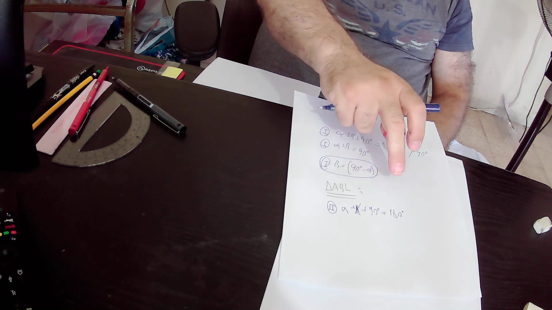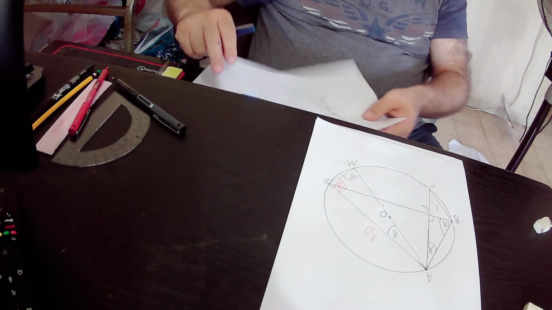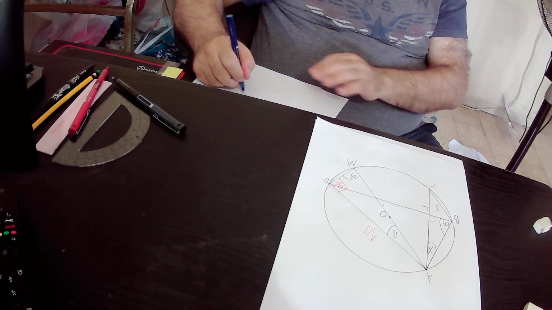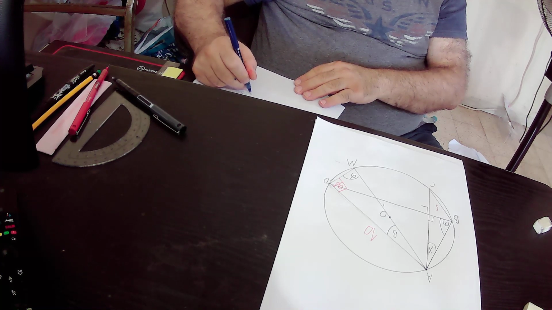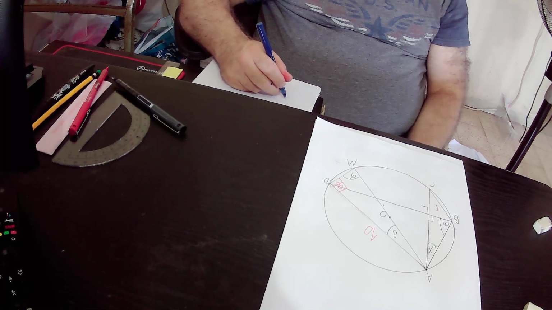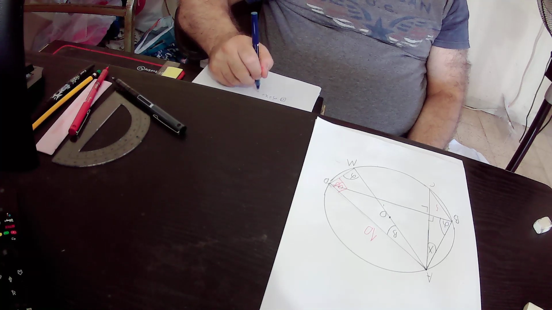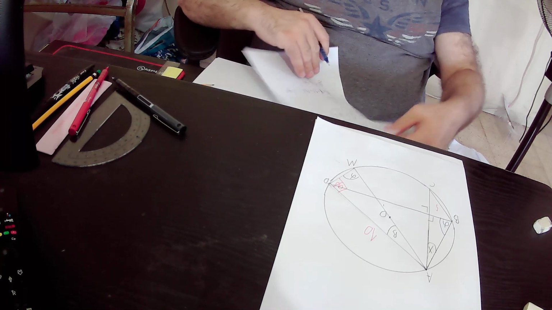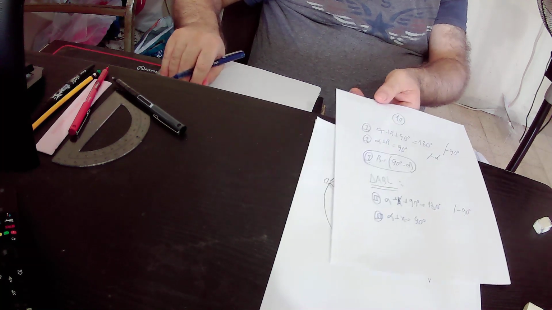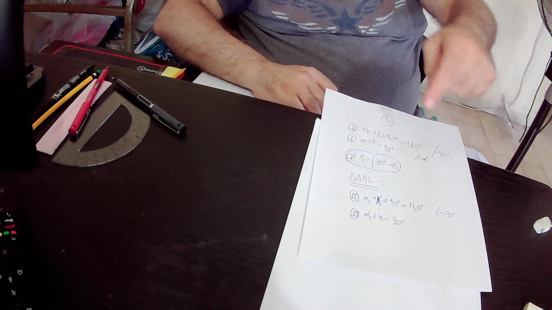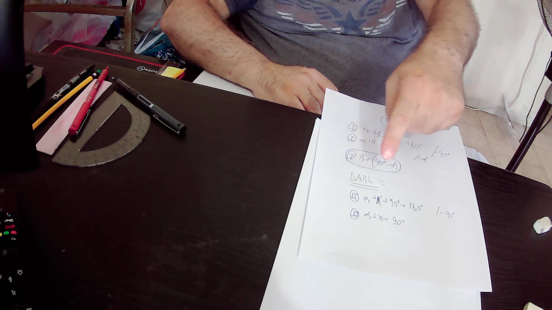We'll subtract 90 degrees from equation number 2. So we subtracted 90 degrees from equation number 2.